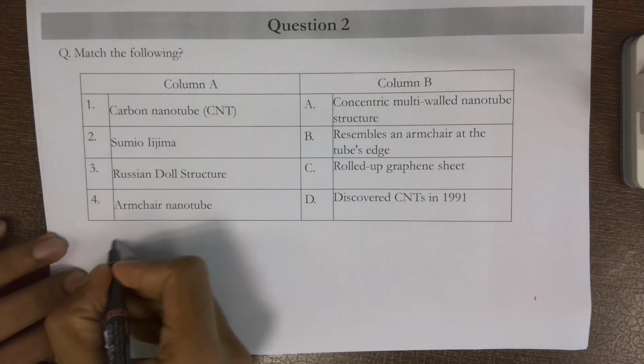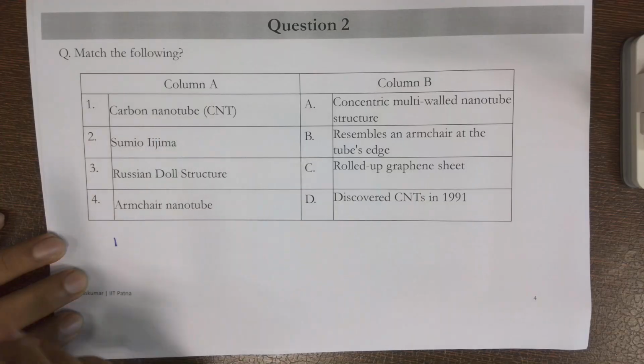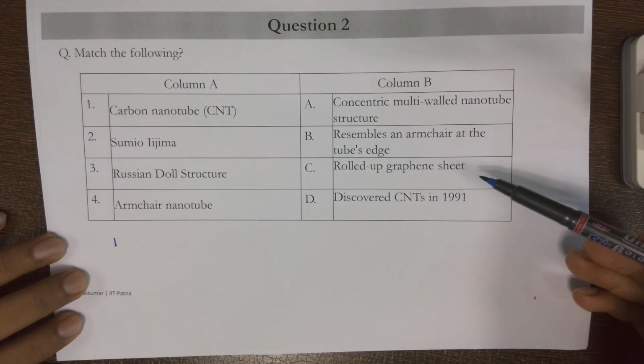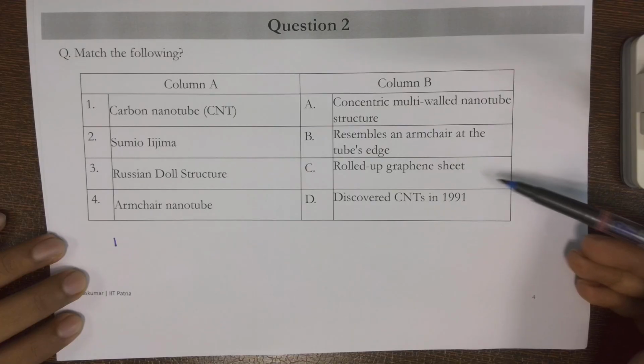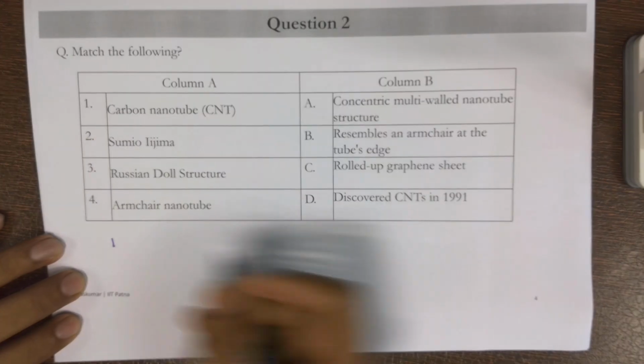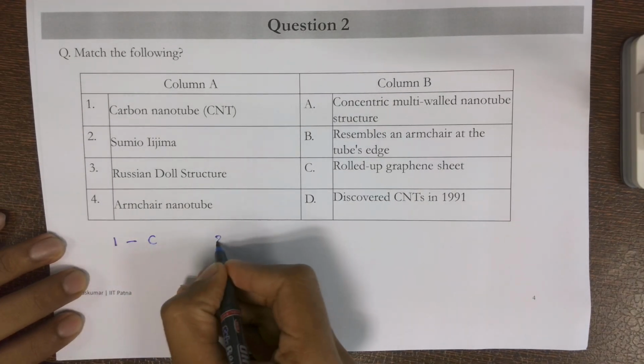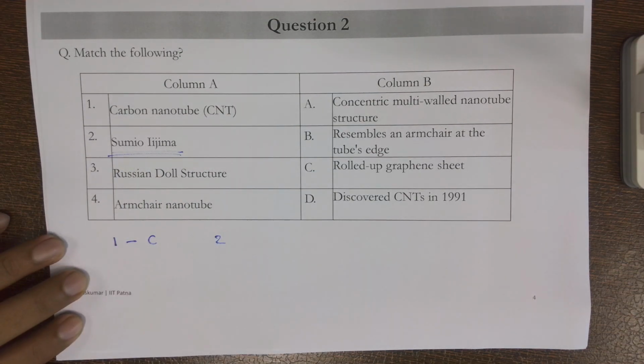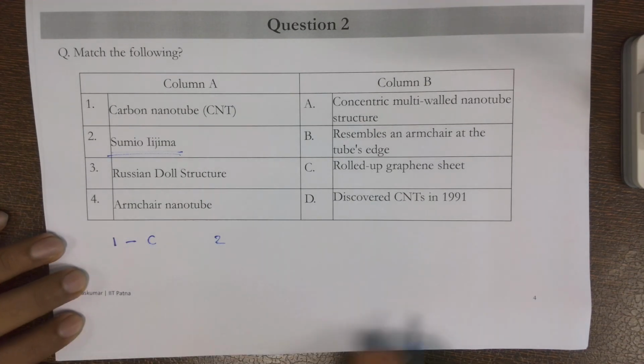Question number 2. We have to do the matching over here. The carbon nanotube, we can match it with Sumio Iijima. It was discovered by Sumio Iijima in '91.